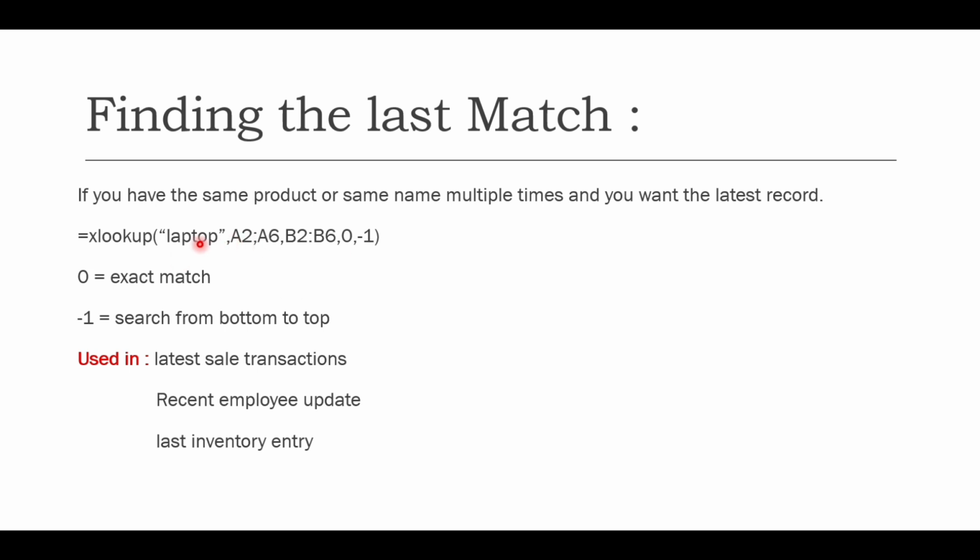So here just mention the product name or employee name, and also where you want to search and what you want to return. So 0 is for the exact match and -1 here means it will be searching from bottom to top. So let me show you in the example.